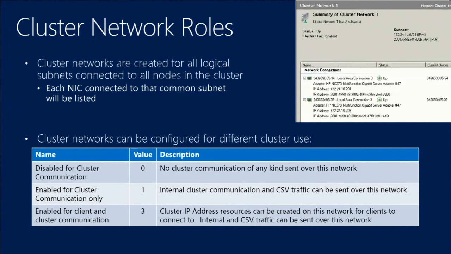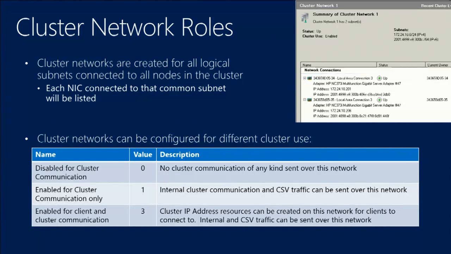And that role can take one of these three values, where a value of 0 indicates this particular cluster network is disabled for cluster use, especially something like your iSCSI network. For iSCSI network, cluster today automatically disables it for cluster use. And so it only picks up the networks which are not assigned to the iSCSI adapter.